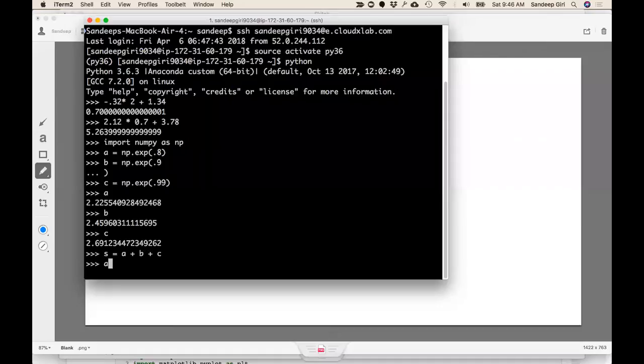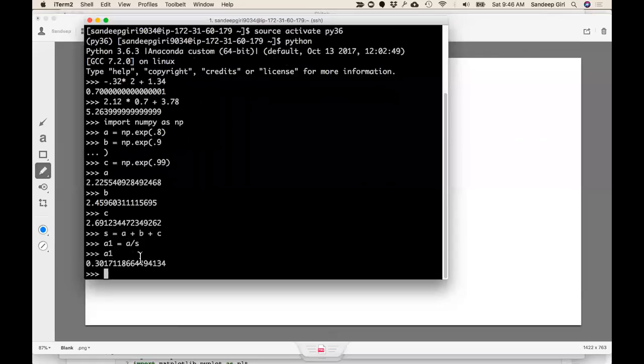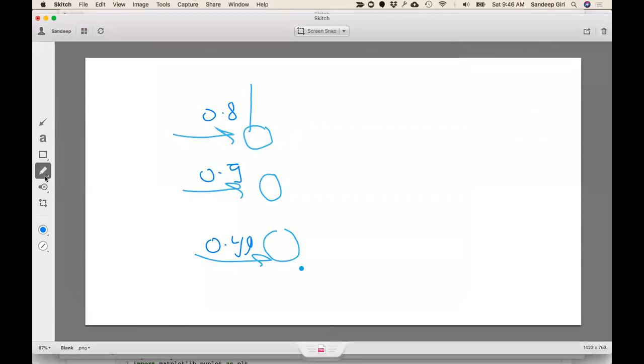Right? Now the new values are A by sum, and this is 0.3. So this gets converted into 0.3.